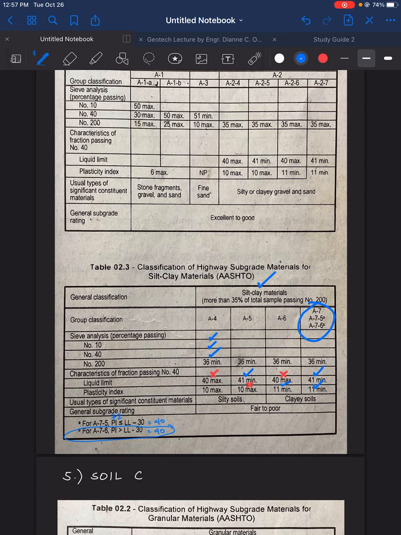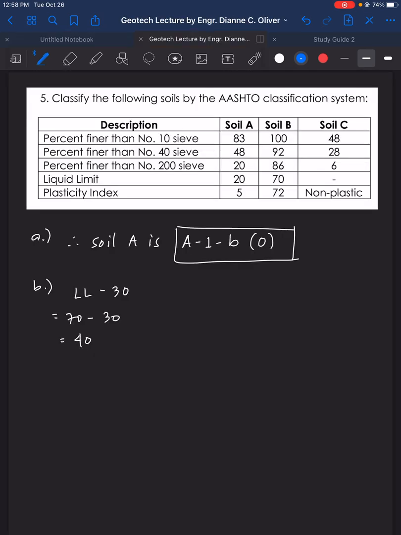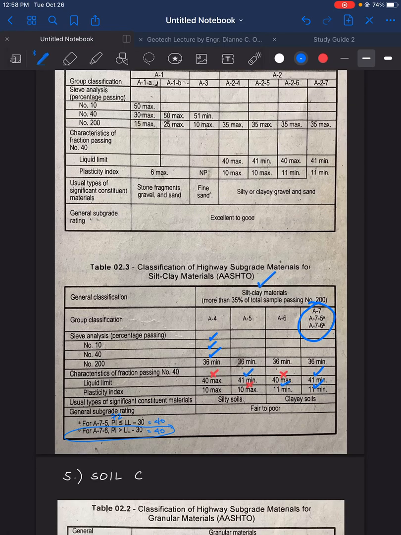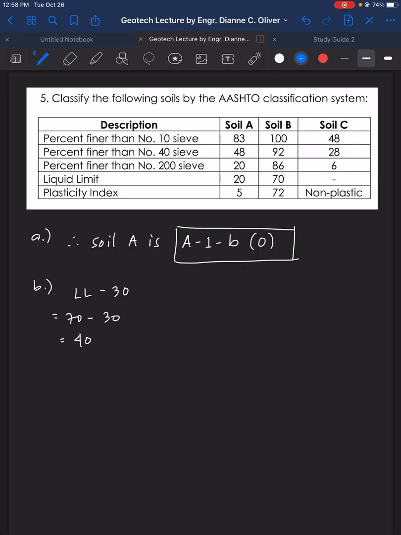Plasticity index. Okay. So 70. So we have A-7-6.